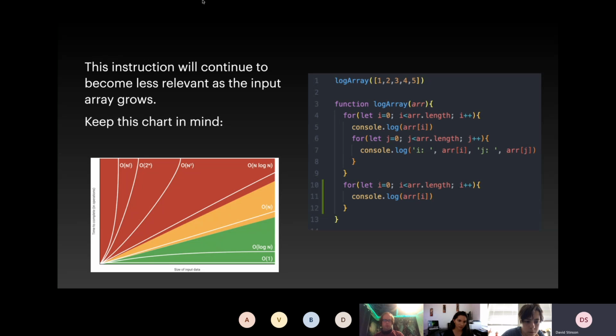So those would take precedence over something a little bit lower, like a constant algorithm or a log n algorithm. Any questions about that? Cool.